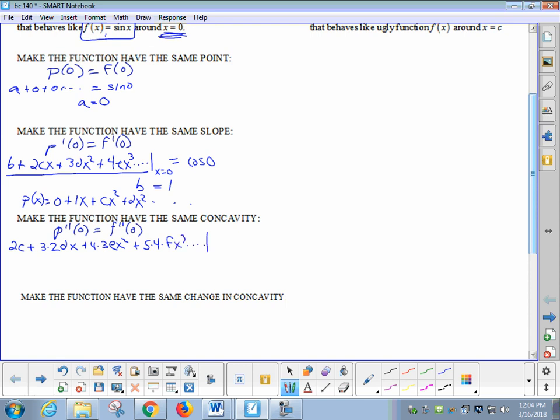That's at x equals 0. That needs to match the second derivative of sine at 0.